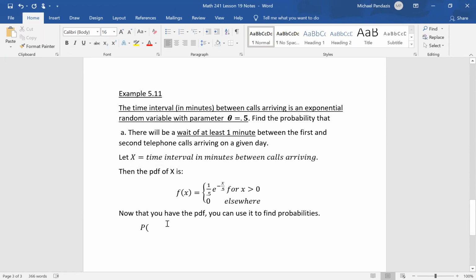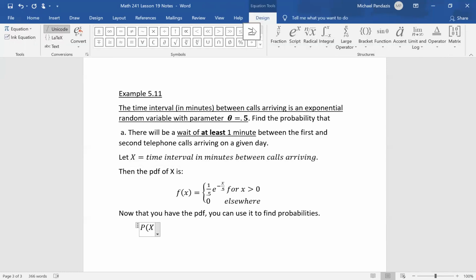Okay, so a wait of at least 1 minute. X is the time interval between calls. The words at least are also important. So you want the wait of at least 1 minute. X is the amount of time you wait between calls. So at least 1 minute means that you want X greater or equal to 1. Or it could be X greater than 1. Doesn't make a difference. X greater or equal to 1, I'm going to put.